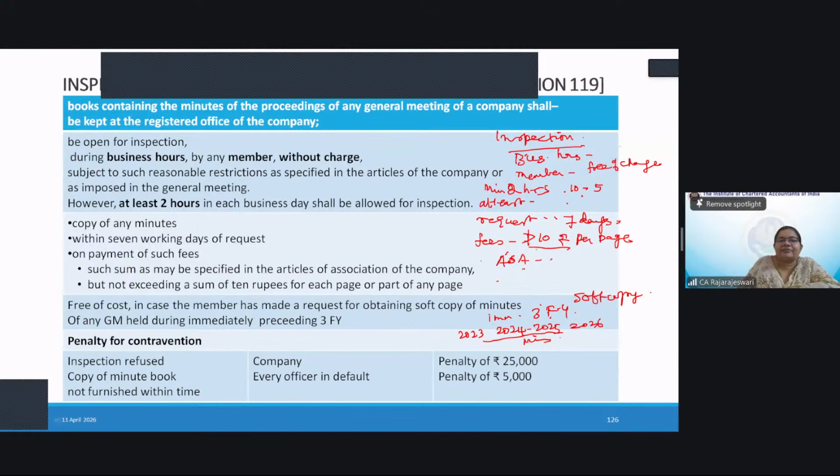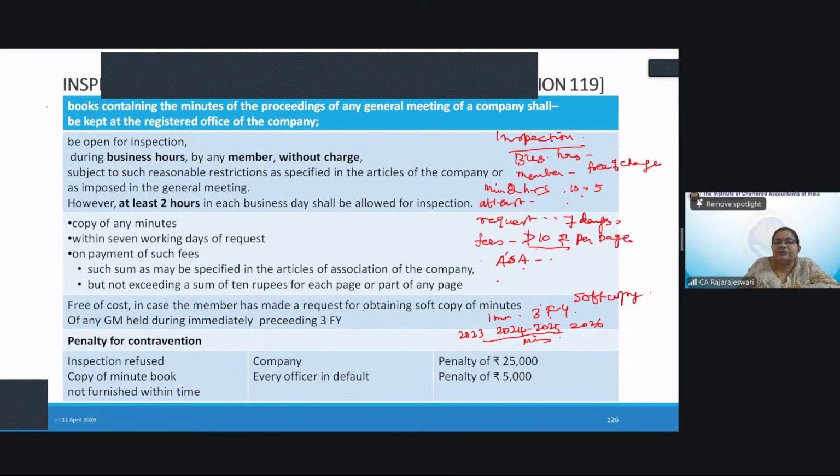What it says: the books containing the minutes of the proceedings of any general meeting of a company shall be kept at the registered office of the company and shall be open to inspection during business hours by any member without charge, subject to such reasonable restrictions as specified in the articles of the company or as imposed in the general meeting. So if it is a soft copy, then he can get it free of charge.